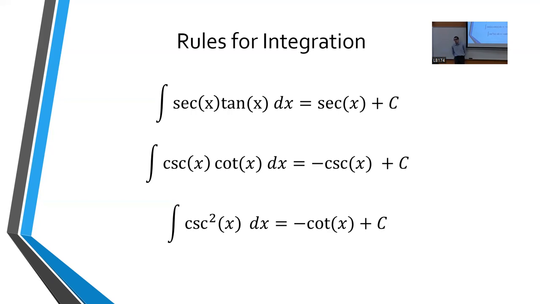The derivative of cosecant of x is negative cosecant times cotangent. So if you do the antiderivative of cosecant times cotangent, you get negative cosecant plus c.